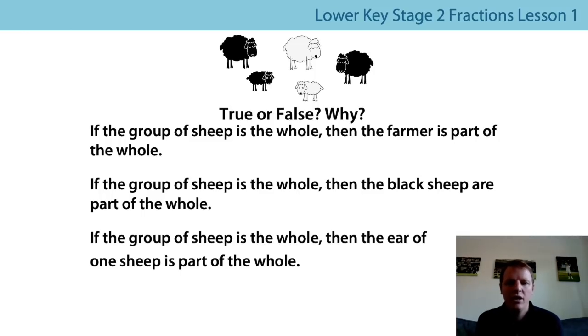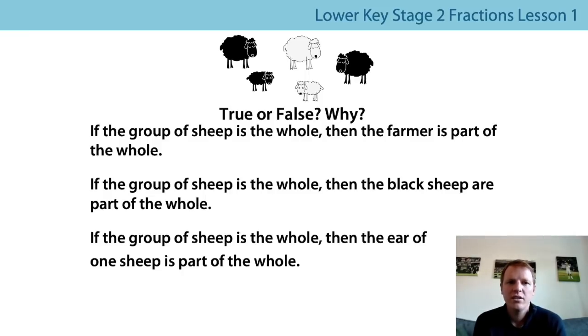Now here I've got 3 different sentences written about the same group of sheep. Same as before, I want you to work out whether you think each sentence is true or false and why. I'm going to read the sentences to you, then I want you to pause the video and work out for each one.